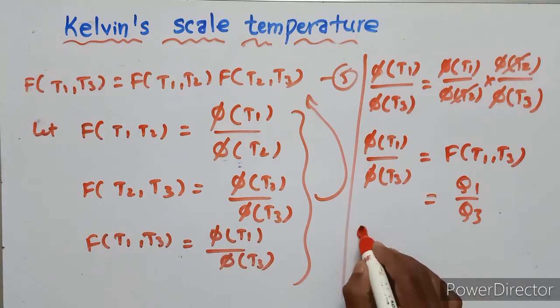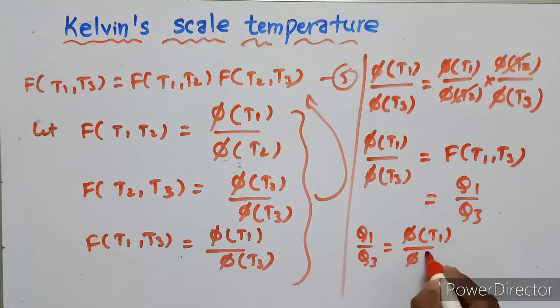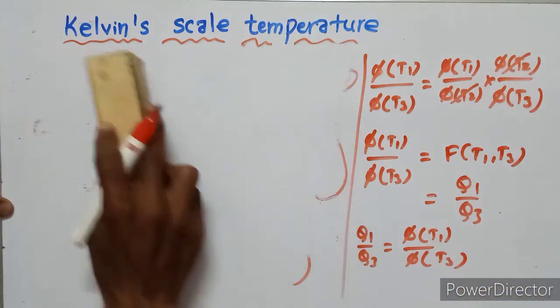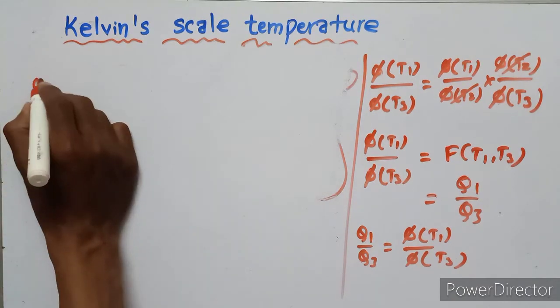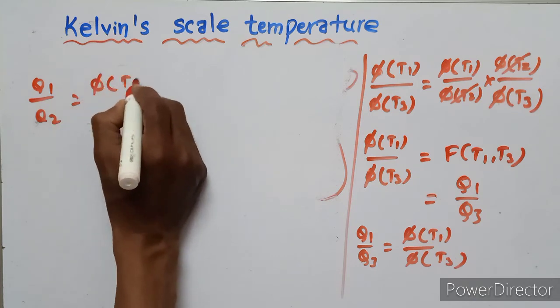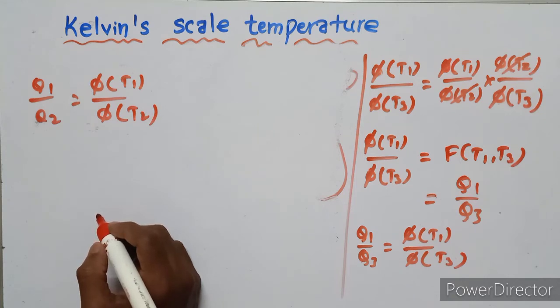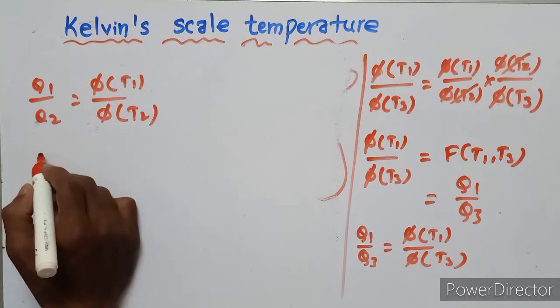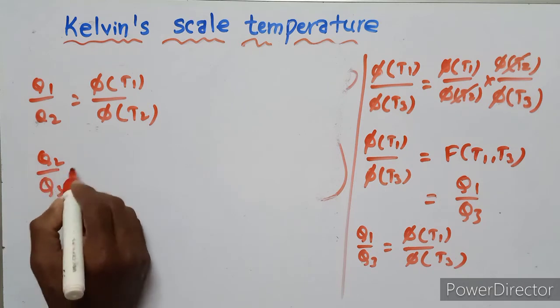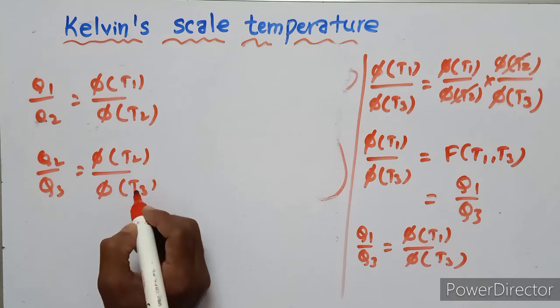Then Q1 upon Q3 is equal to phi of T1 upon phi of T3, and also the same as Q1 upon Q2 is equal to phi of T1 upon phi of T2, and Q2 upon Q3 is equal to phi of T2 upon phi of T3.